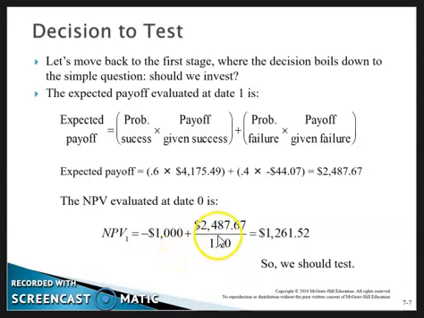We take that and calculate NPV using the $2.487 billion. We present value that back 1 year, and we get an expected NPV of $1.261 billion. So now it comes down to the question of should we test.